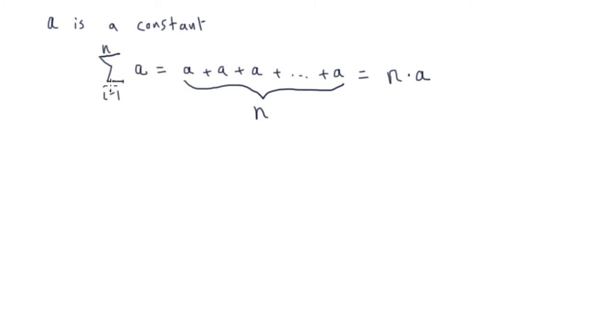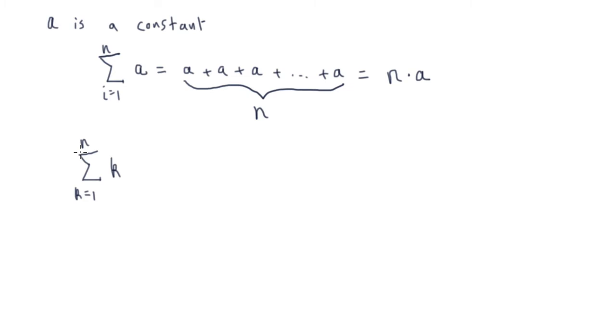Okay, so that's a really simple sum formula written in sigma notation. If we have a sum and we have a constant in the sum, then we just get that constant however many terms are indexed by the sum. So let's try one that's a little bit more interesting. Let's look back at this example, but now I'm going to start at 1 and add all the way up to some number n that's unspecified.